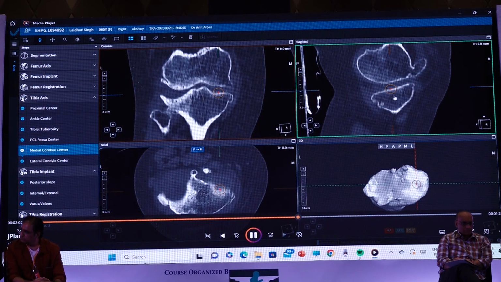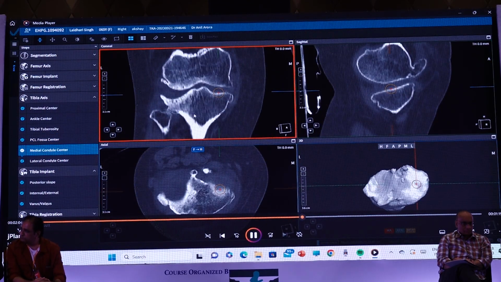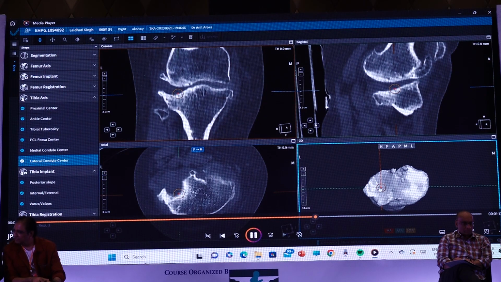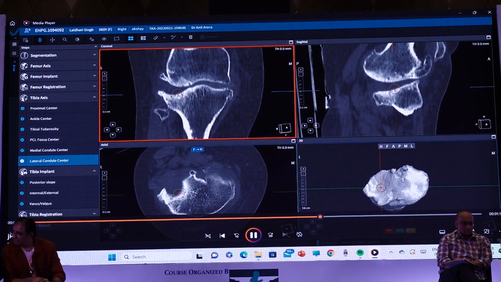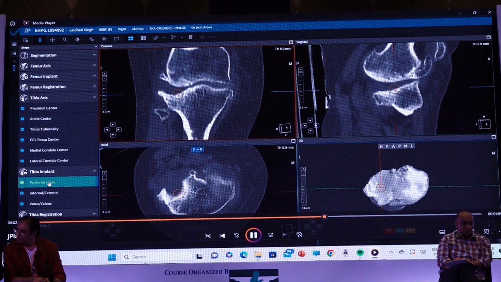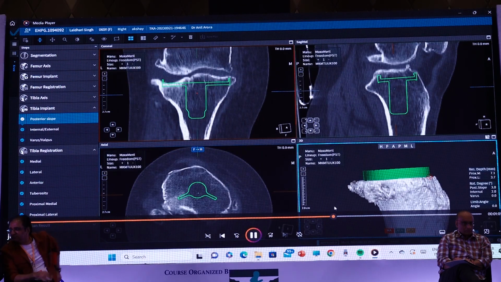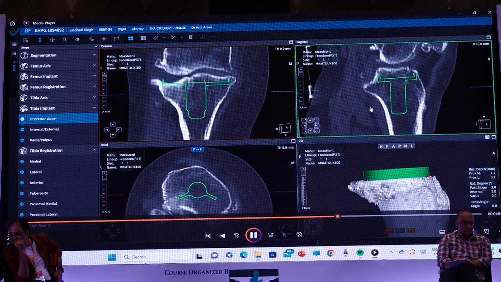We register the morphology of femur intraoperatively also with the same registration process. Various points taken. 3 degree posterior slope. We slightly anteriorize the tibial tray for safety.